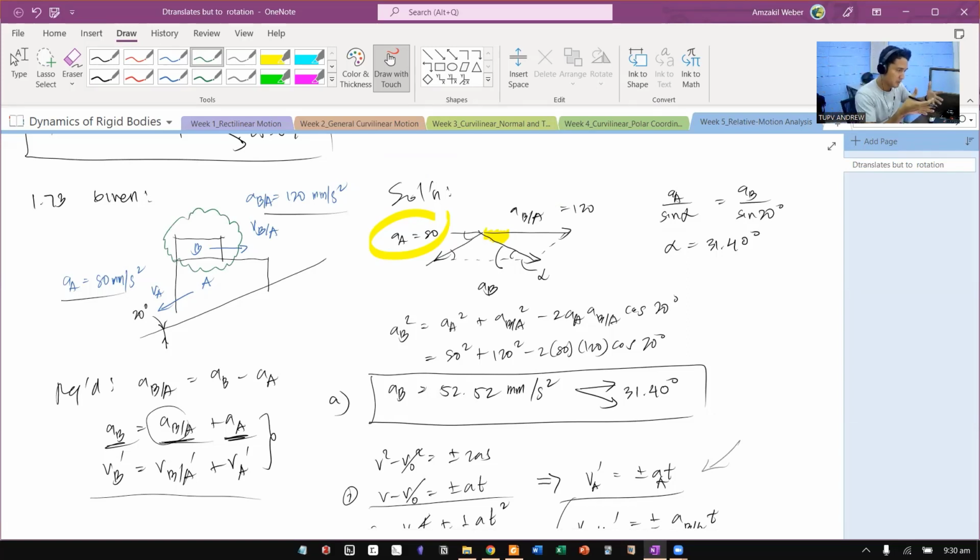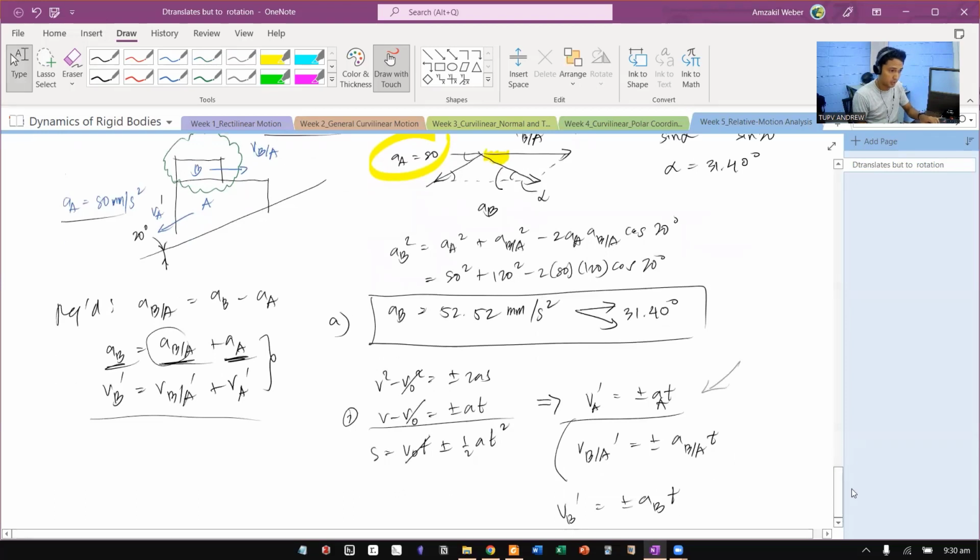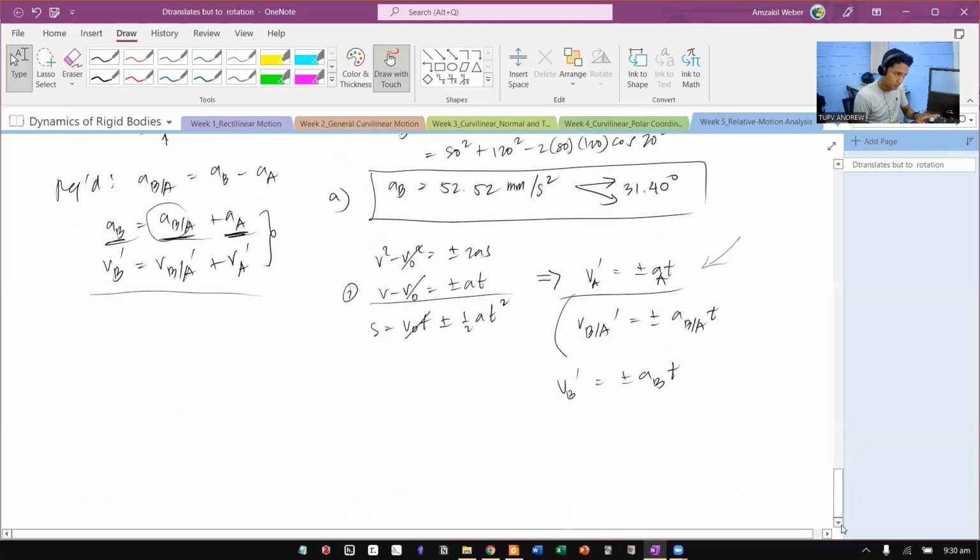Focus on B, as if A were not moving. B moves and accelerates at 120 millimeters per second squared. That is AB, of course, on top of A. So the equation is clear. Meaning this is also correct.